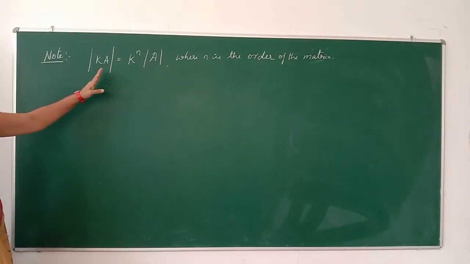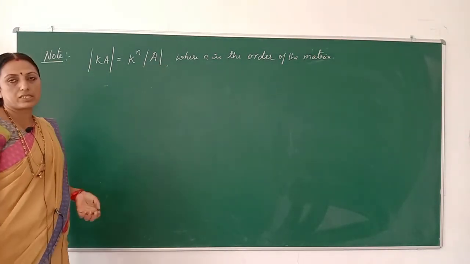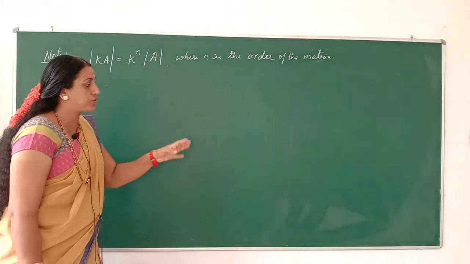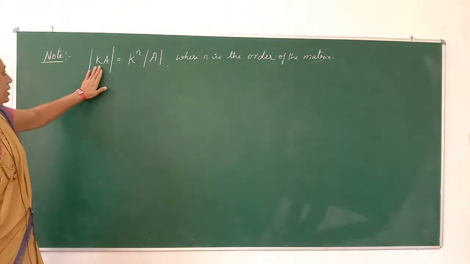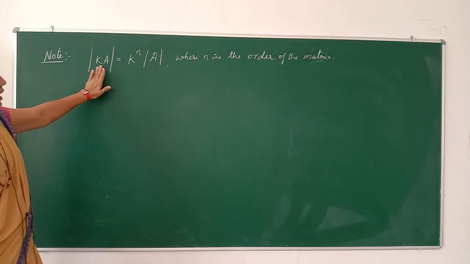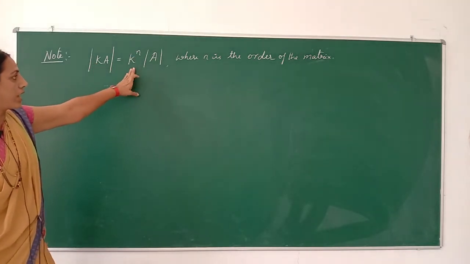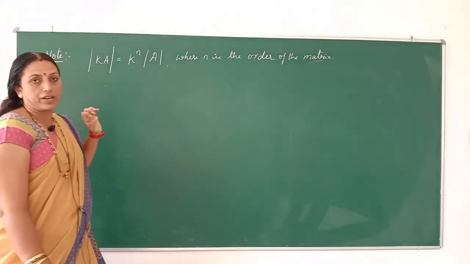So students, to remember this statement and avoid the step-by-step calculations of the previous problems, one of the properties is that the determinant of k into A is equal to k to the power of n into the determinant of A, where n is the order of the matrix.